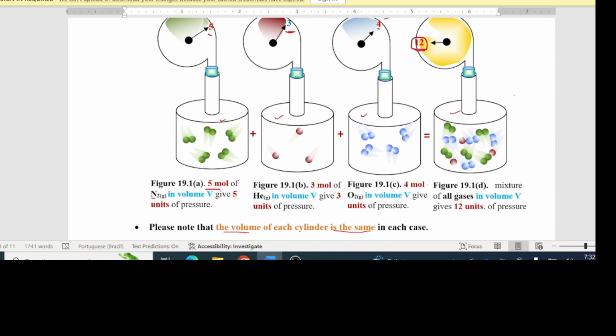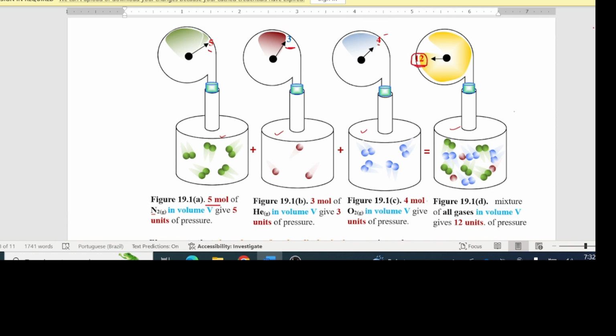There appears to be a relationship between the number of moles of gaseous particles and pressure. Here you're having 5 moles of molecules, and we're getting a pressure unit of 5. In this one, you have 3 moles of helium. Doesn't matter, it's a gaseous particle. In this case, it's atoms.